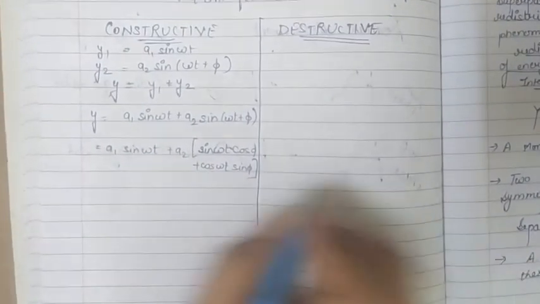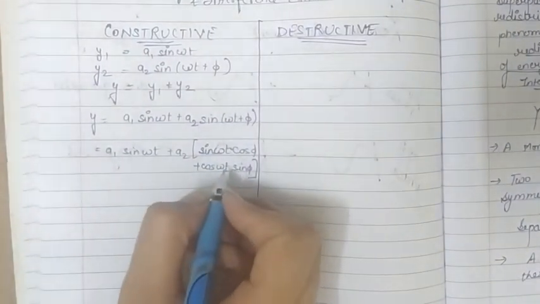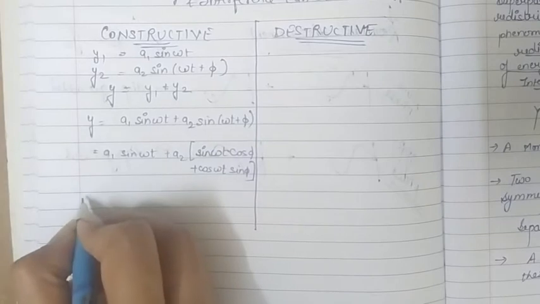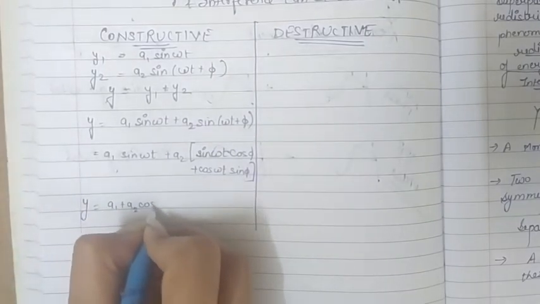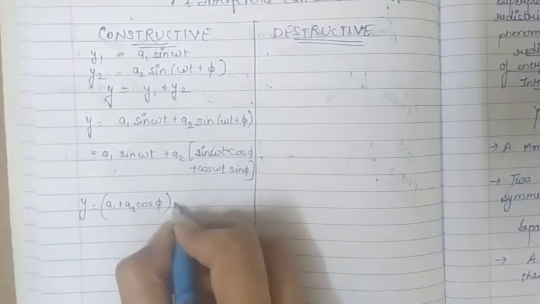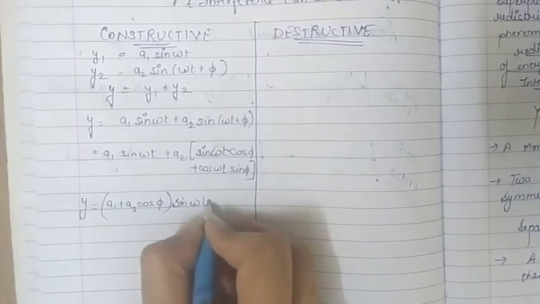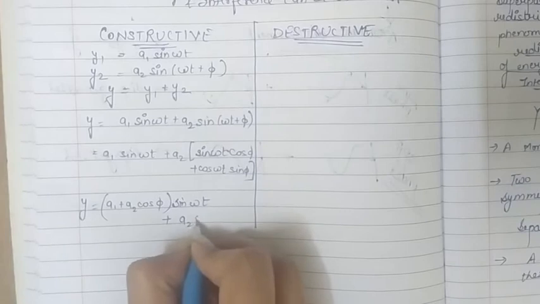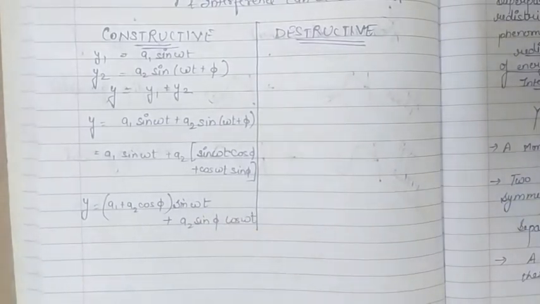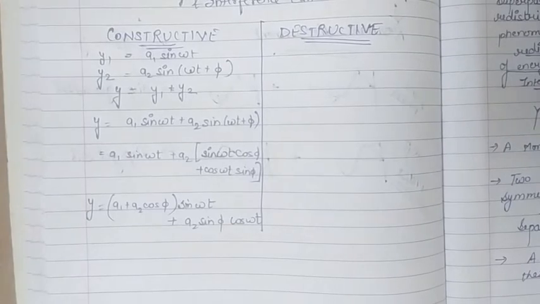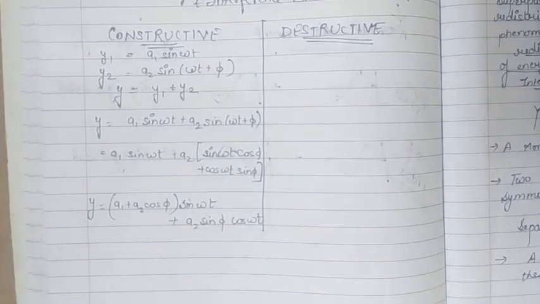Again we split this bracket and take sin omega t as common, then we get y equal to (a1 plus a2 cos phi) sin omega t plus a2 sin phi cos omega t. So this is the resultant displacement at point P that we get because of the two waves.